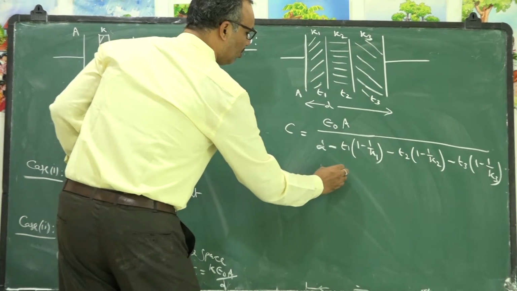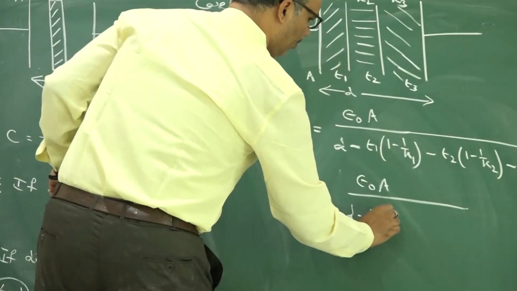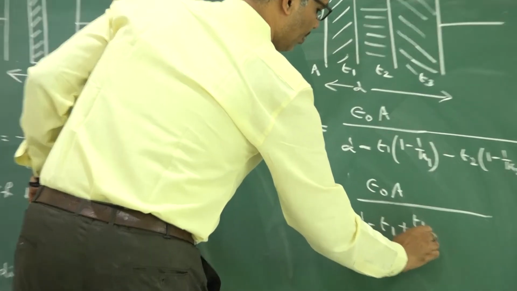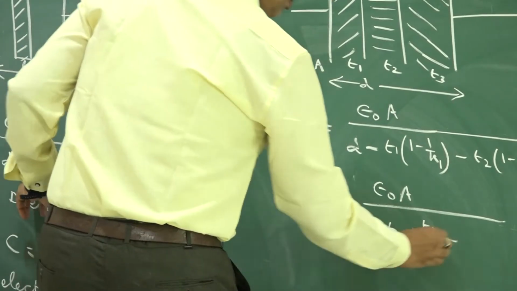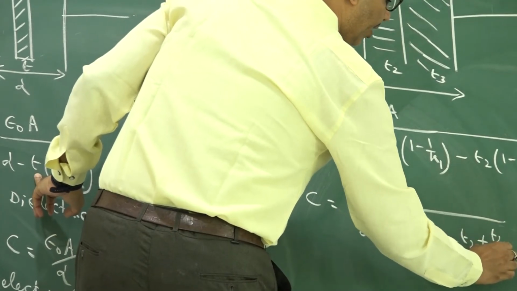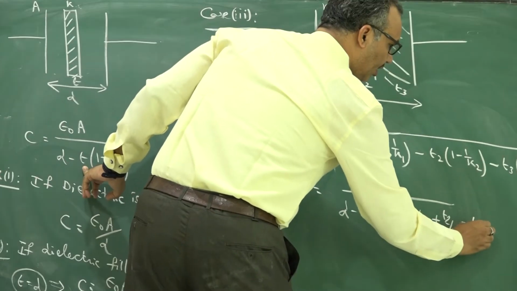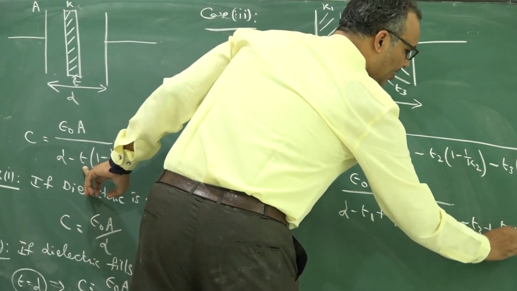Then C = ε₀A / (D − T1 + T1/K1 − T2 + T2/K2 − T3 + T3/K3).